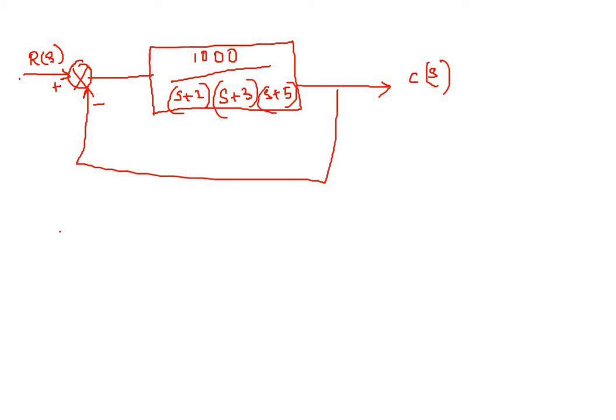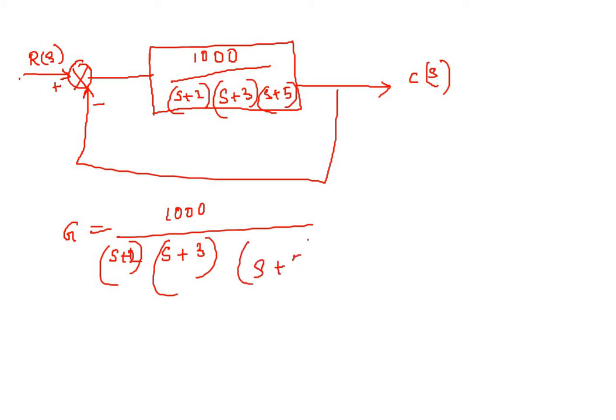So here our open loop transfer function is G equal to 1000 divided by S plus 2 into S plus 3 into S plus 5. In the feedback loop there is no specific transfer function, hence it is a unity feedback transfer function. So H of S is equal to 1 and the system is having negative feedback.